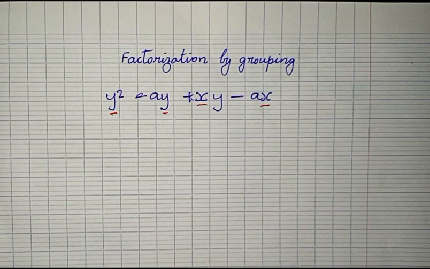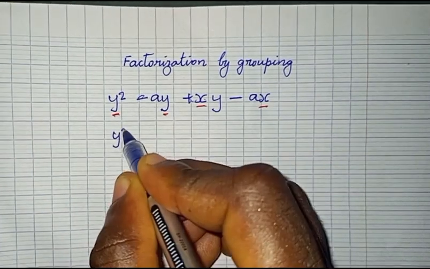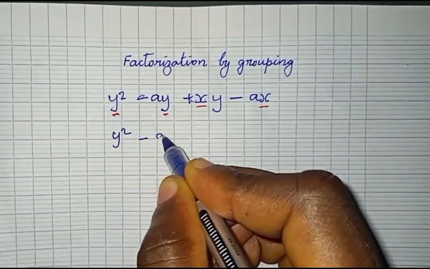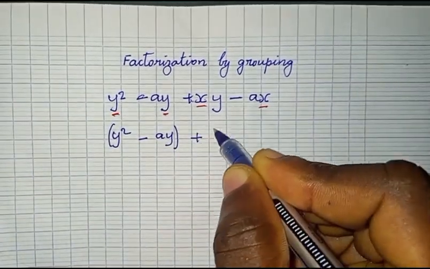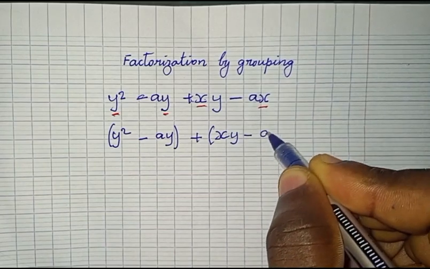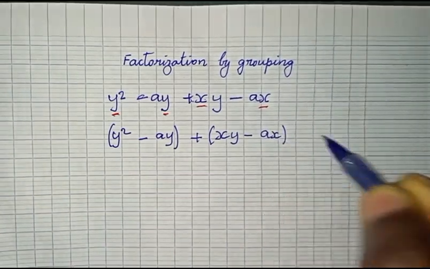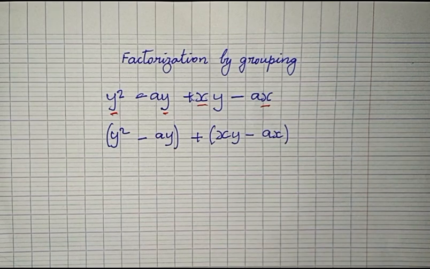So what we do is group them: y squared minus ay, plus xy minus ax. We have tried to group them.